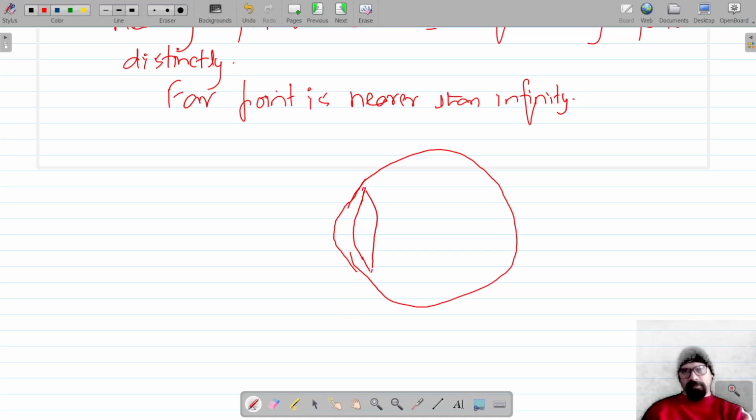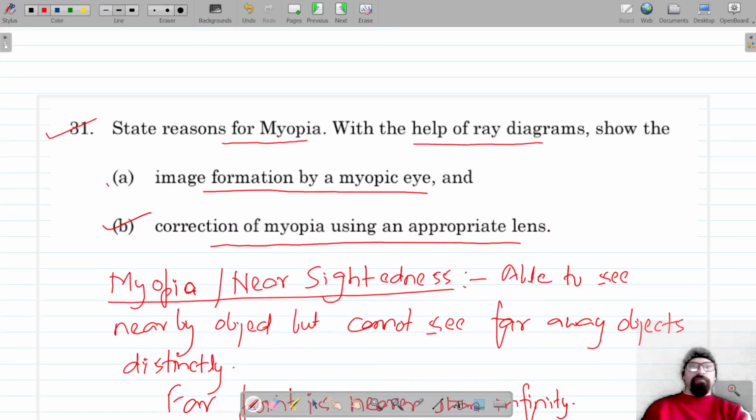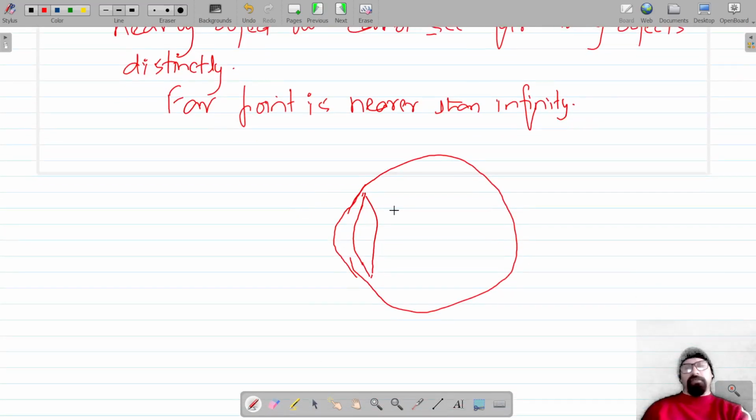Now, as I said that the far point is now nearer than the infinity. So in the question it's asked, we have to find the image formation by a myopic eye. So image formation by a myopic eye, I'm going to draw the image formation by a myopic eye.